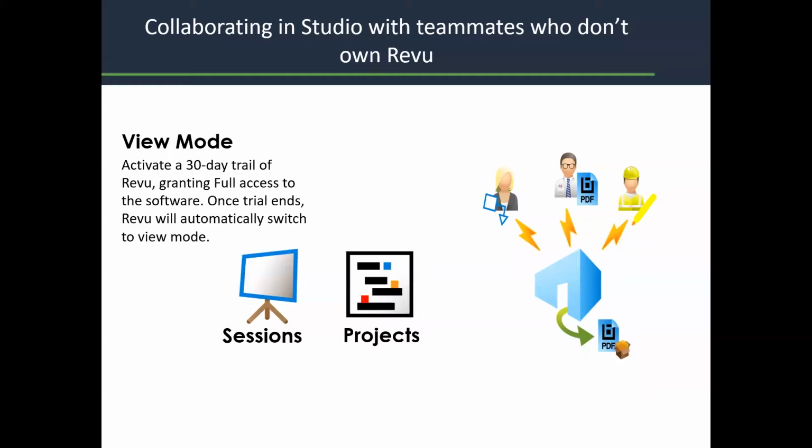Or alternatively, the project owner can also use the share link feature, which would allow you to download a local copy of that file to your PC that you can then use to mark up or utilize outside of Revu itself.